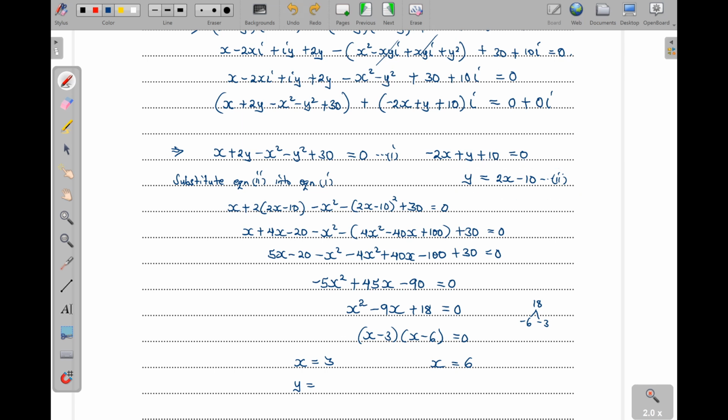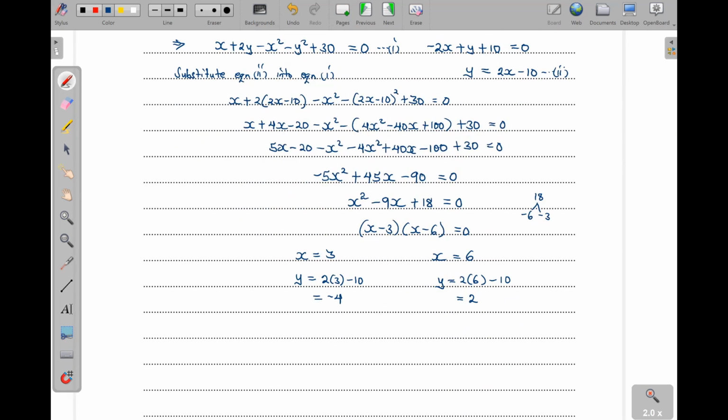So what will be the value of y when x is equal to 3? I will substitute in here. That is 2 times 3, which is 6, minus 10. This one will give us negative 4. And then y here is going to be 2 times 6, that is 12, minus 10. That one will give us a 2. So meaning the 2 z values, remember it is x plus iy.